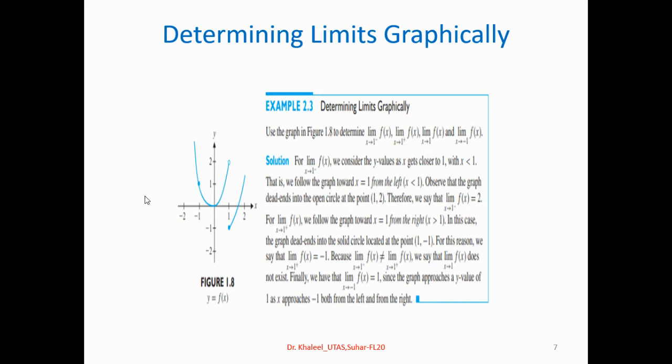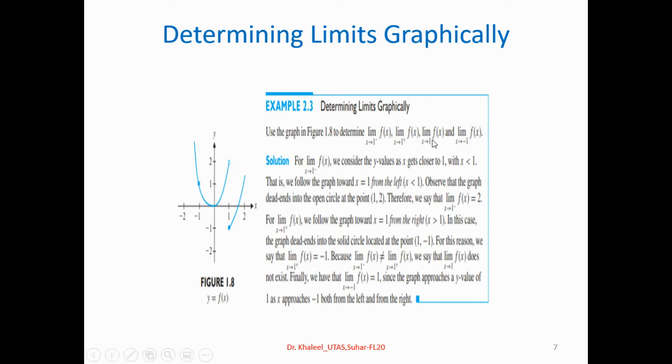The limit value is -1 and the value of the function is -1. Here the limit of the function is 2 and the value of the function does not exist. So you have to be very careful in distinguishing the value of the function from the limit of a function. The value of the function means equal to the value. The limit of a function means close to that value.